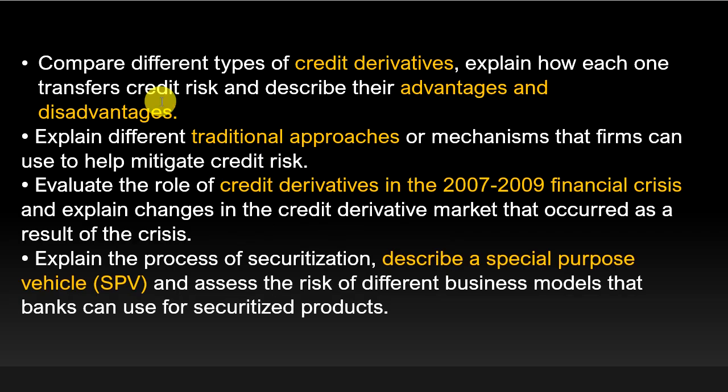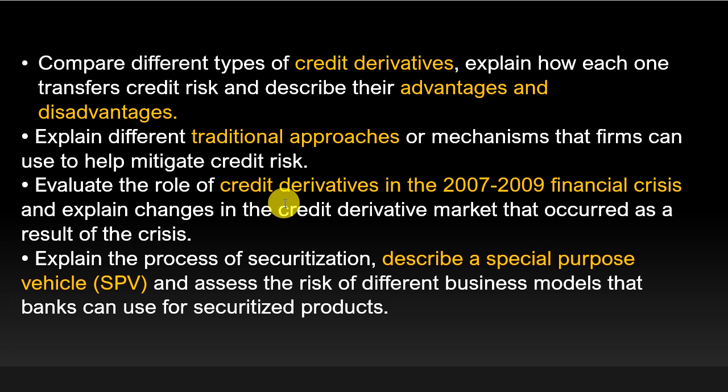So in this section, we will discuss various credit derivatives that are used by organizations to transfer credit risk, and also some of the advantages and disadvantages of those credit derivatives. We'll also look at some of the traditional approaches firms have used in the past and even now to manage credit risk.